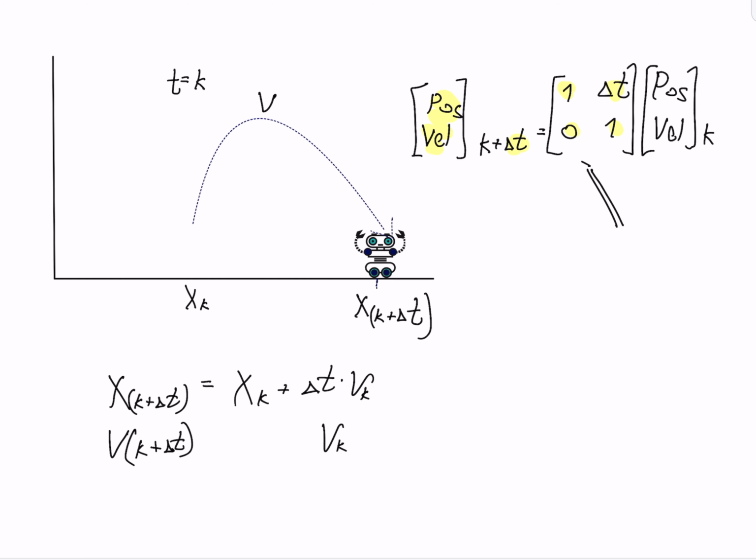This matrix is called the F matrix or the A matrix, but the most important name is the transition matrix, because it allows us to take the state vector at point k and transfer it linearly, assuming our model is linear, to point k plus 1 or k plus delta t.